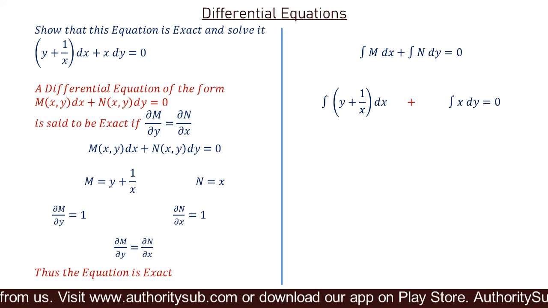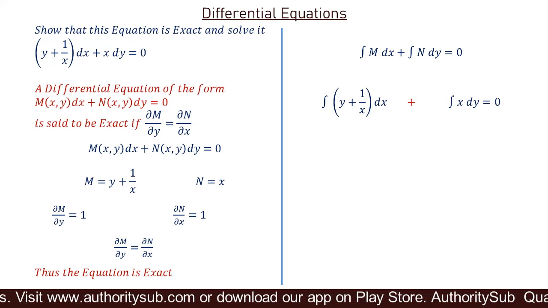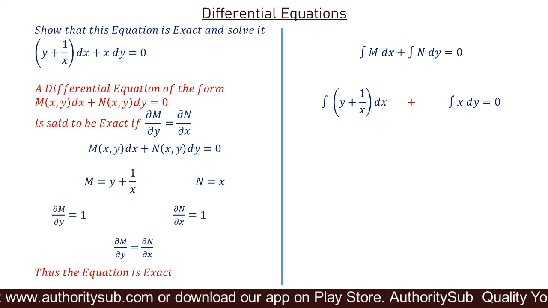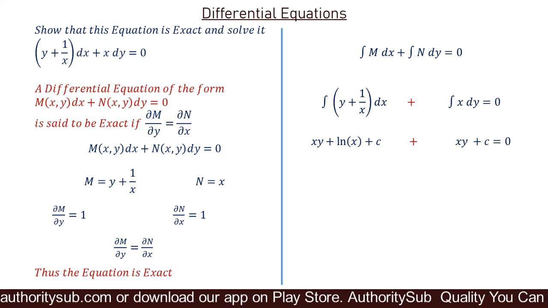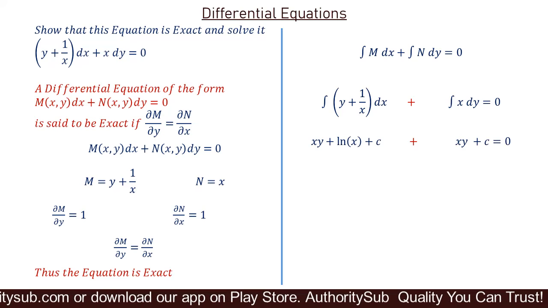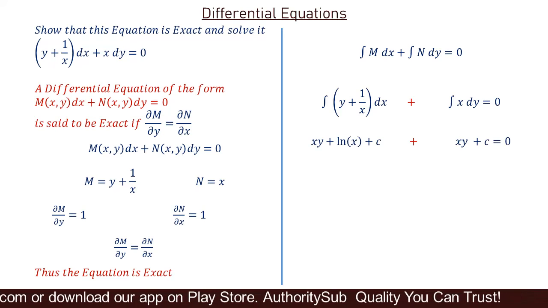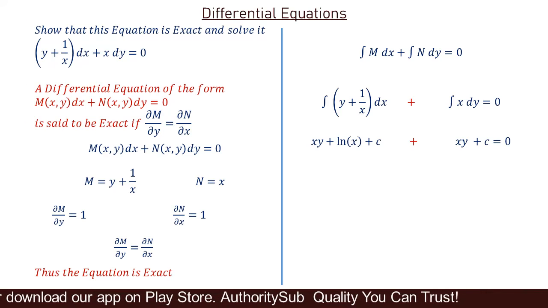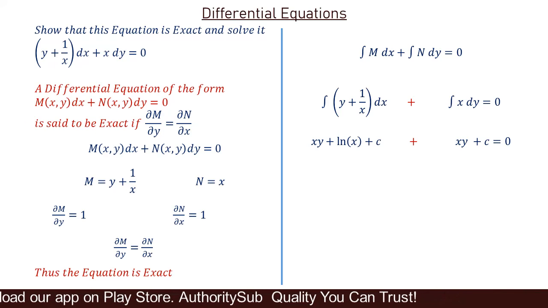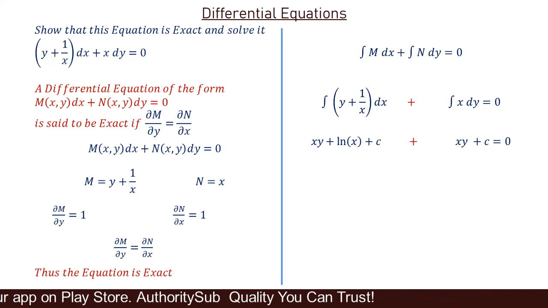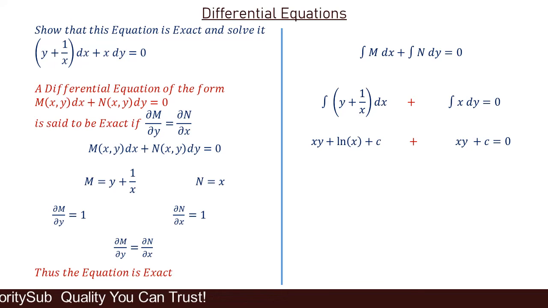When we integrate the first part with respect to x, so when we integrate y with respect to x, it's going to give us xy. When we integrate 1/x with respect to x, it's going to give us ln x, then plus c, right? Then the other part, we have the integral of x with respect to y. It's going to give us xy. Then we have plus c.